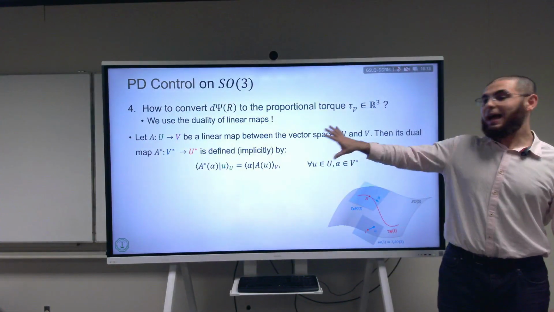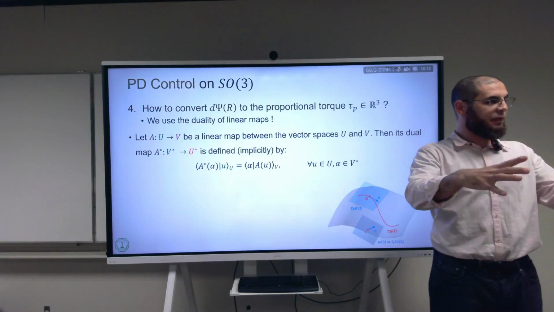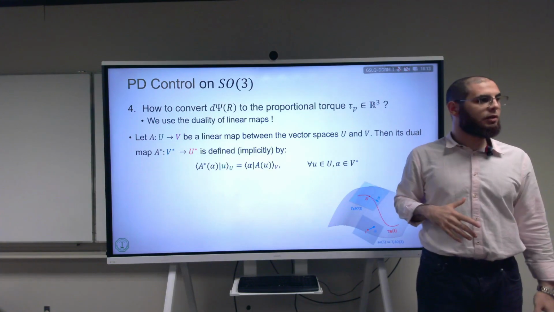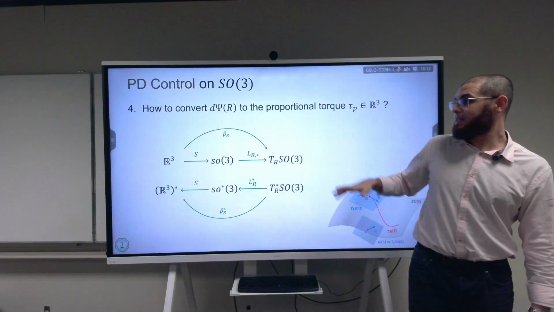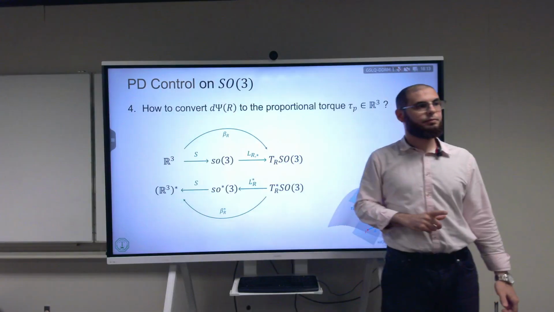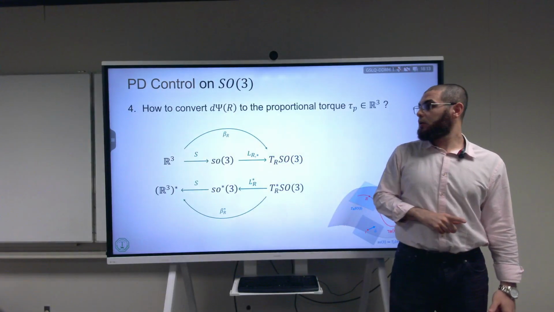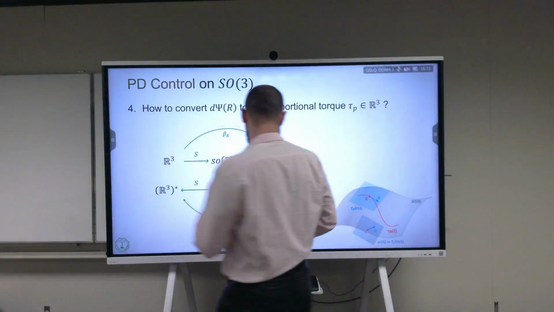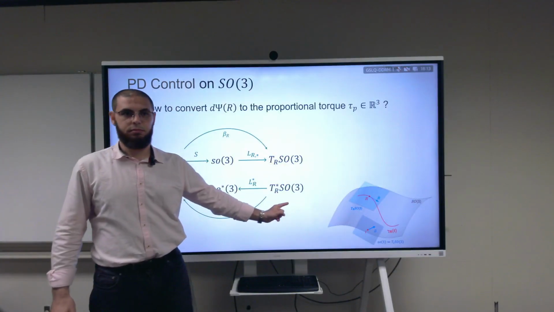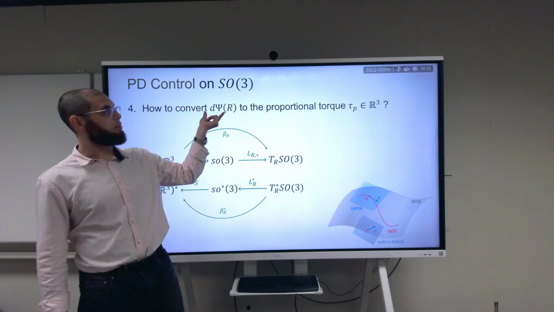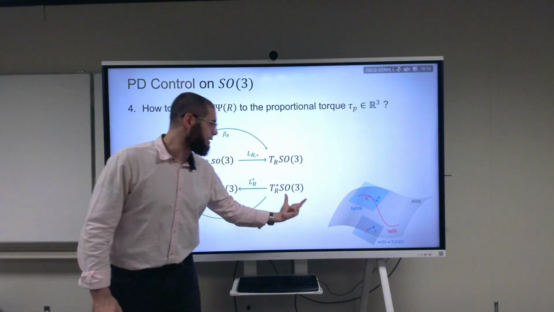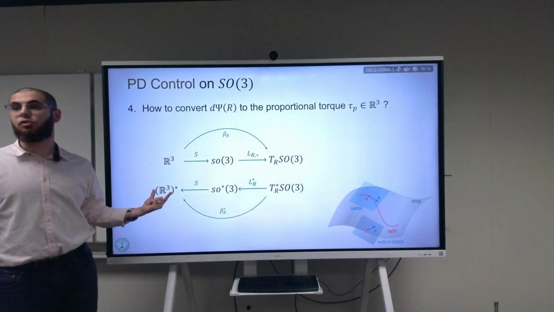Okay, but this is only if the map itself is something like an Rn by Rn matrix. However, in our case here, the map we're thinking about is actually beta R. So there is something that lives in here that we're interested in, which is the differential of the function. We want to transform this into a covector in R, which is the torque.